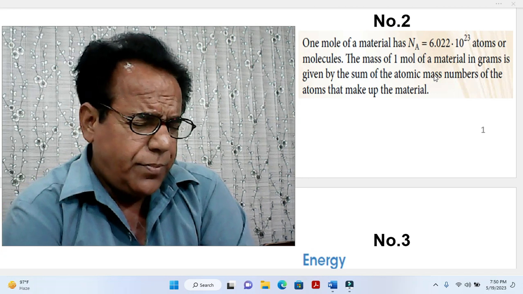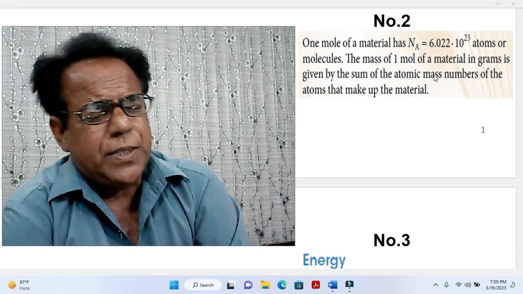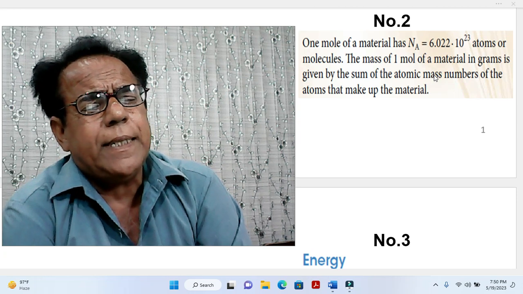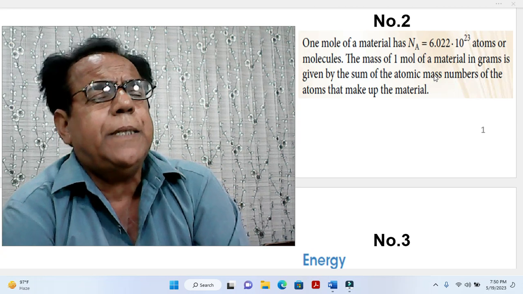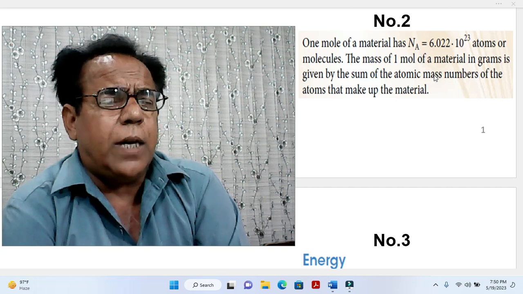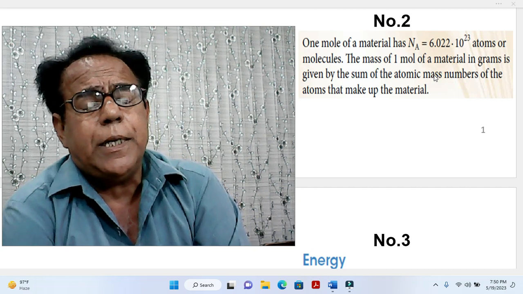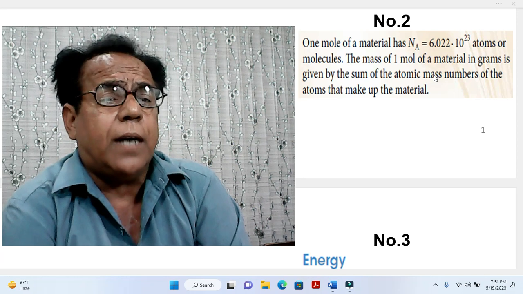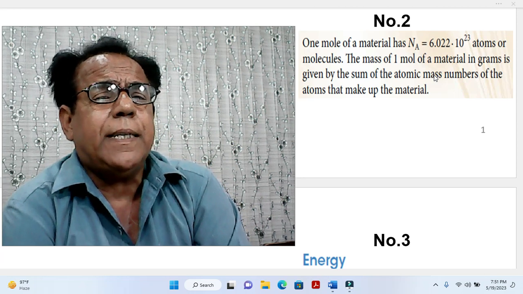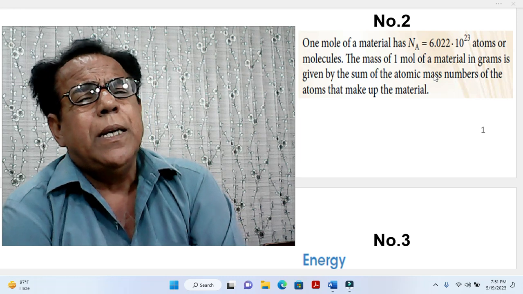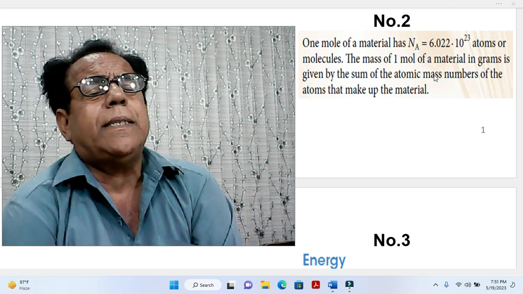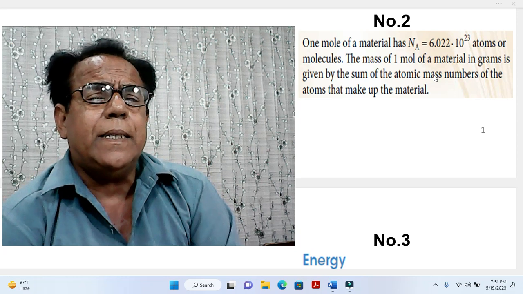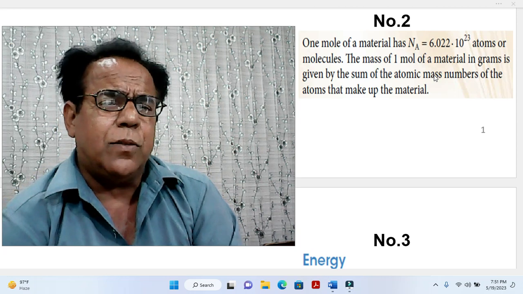Sometimes we use a dot as a sign of multiplication, sometimes a cross, sometimes a star, and sometimes we do not use any sign or symbol and just write the other figure within brackets.